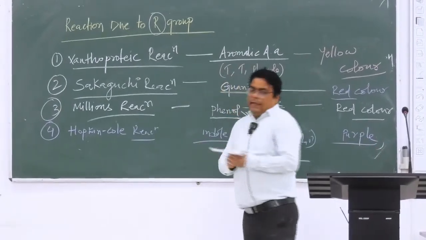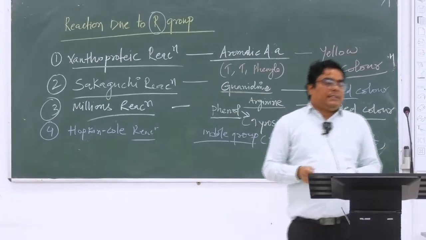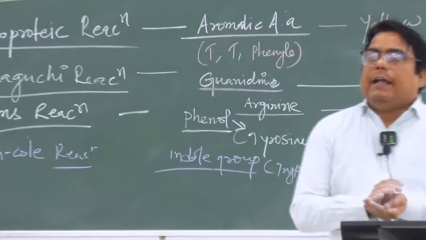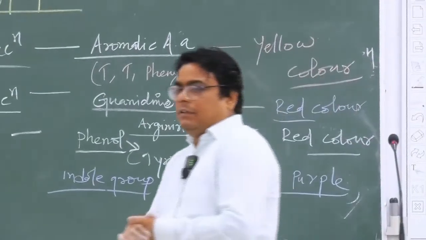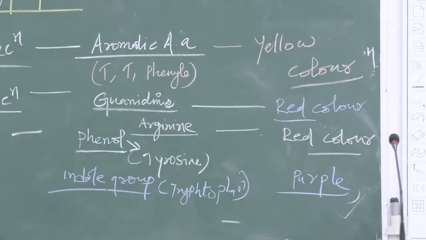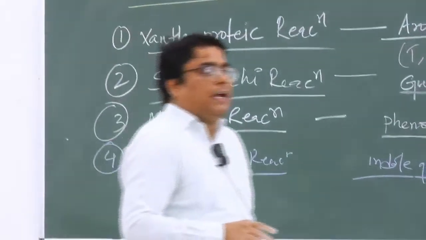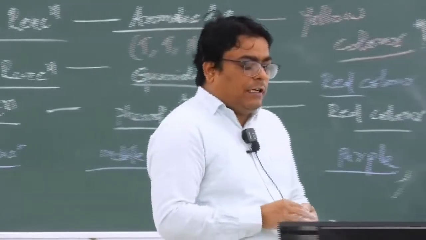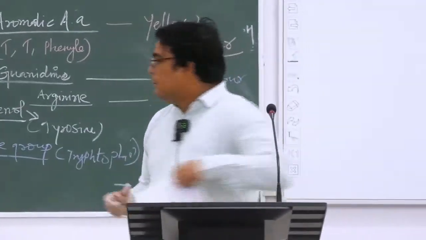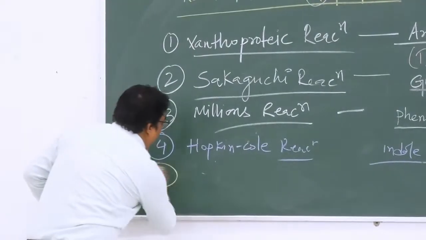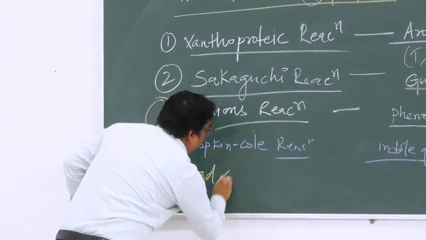And there is the lead acetate test. There are two more tests, the lead acetate test and the nitroprusside reaction. You write the names. The fifth one is the lead acetate test.